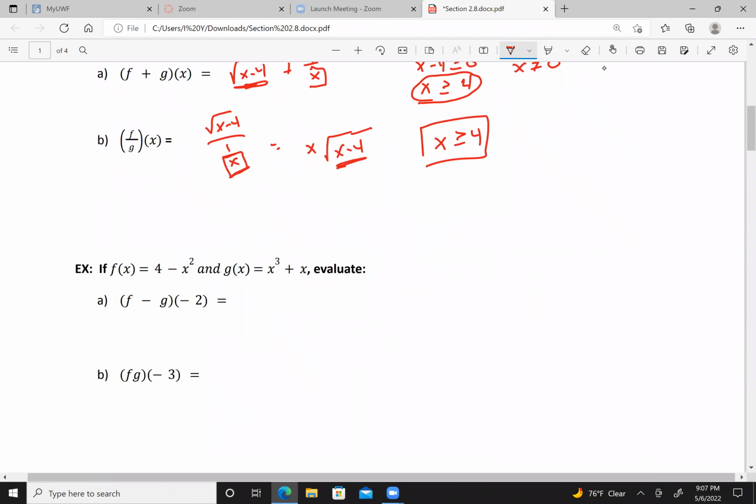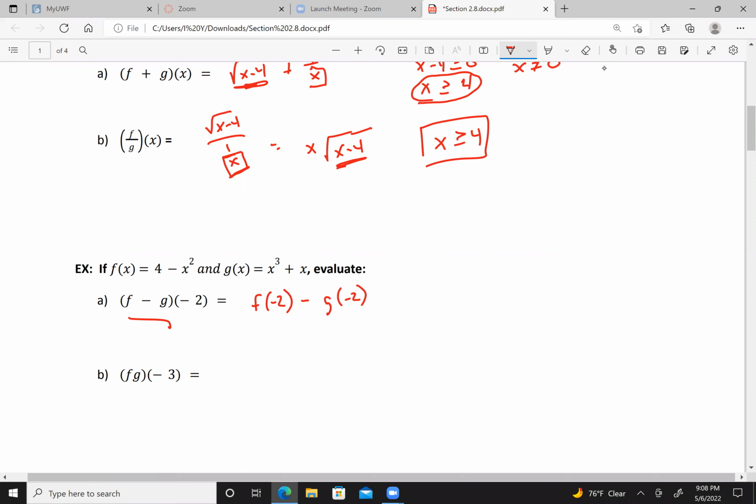All right, now let's look at another one here. F of x is 4 minus x squared, and g of x is x cubed plus x. Now there's two different ways to do this. You can combine them and then do it, or we can take f of negative 2 and subtract g of negative 2.